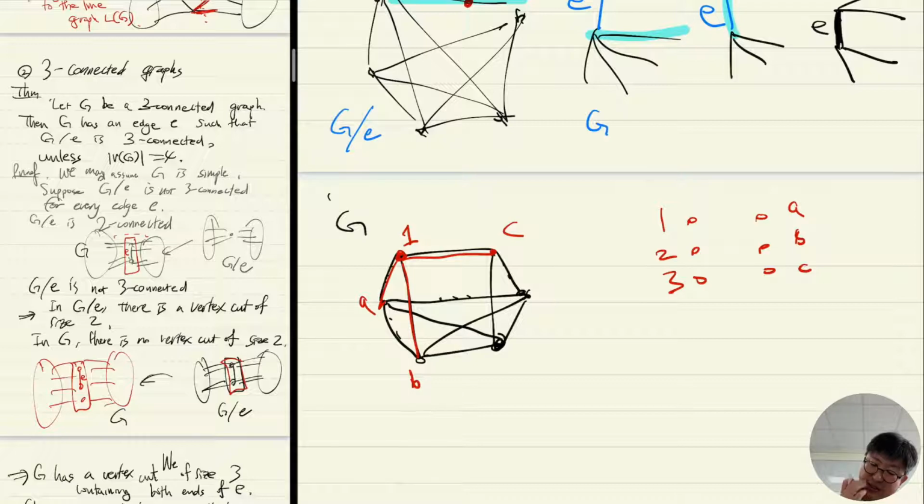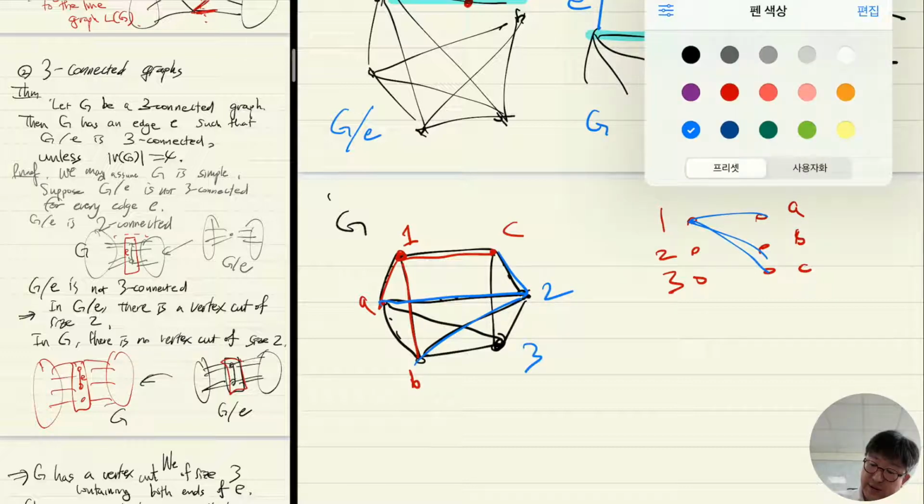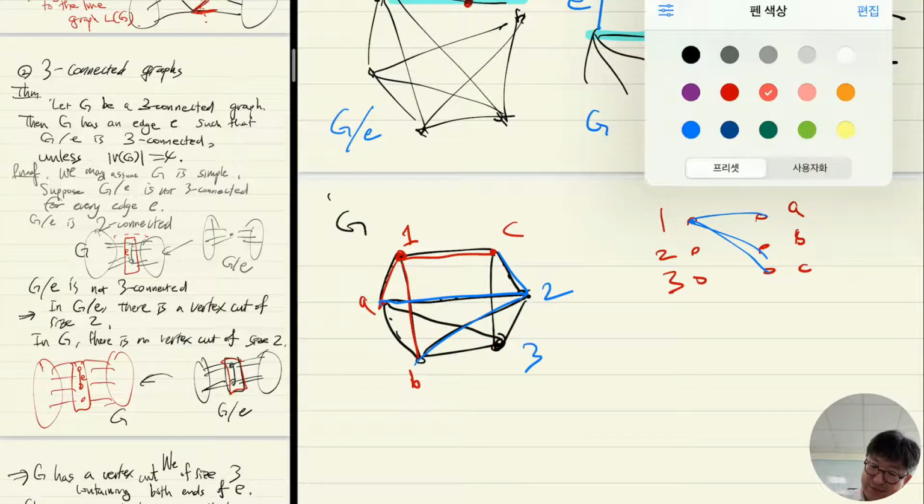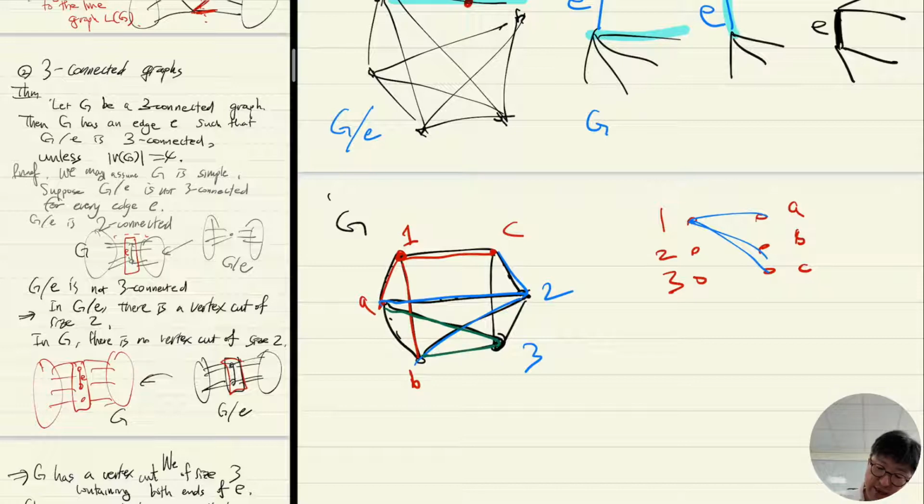And where do we choose two? Maybe let's choose here. So A, B, C. And 3, let's choose a different color. Green, yeah. A, B, C. Right? So in this case, you have a K33 topological minor.